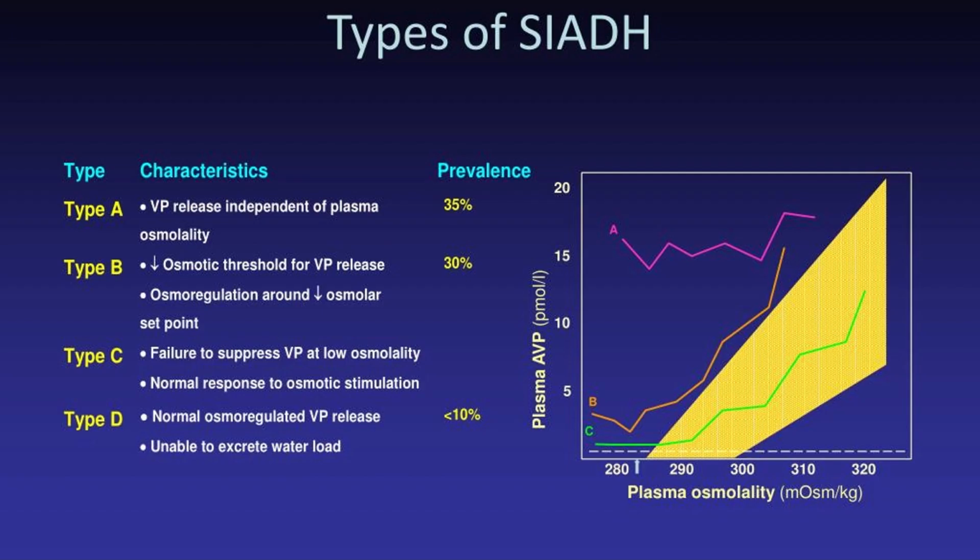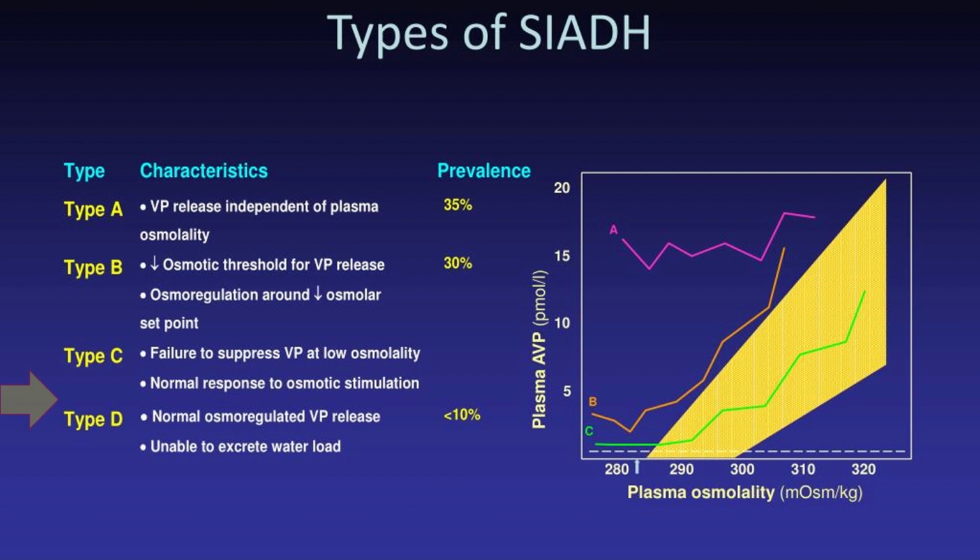There are four patterns of ADH release in people with SIADH. Type A is completely erratic and is independent of the plasma osmolality. ADH level tends to be very high, so the maximum amount of fluid is retained, causing urinary osmolality to be very high as well. Type B is a constant release of a moderate amount of ADH.